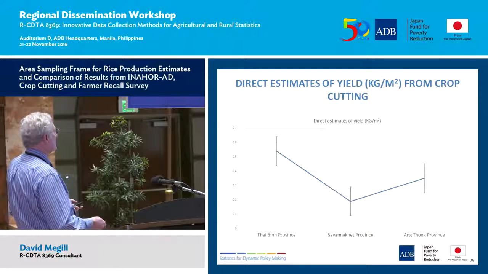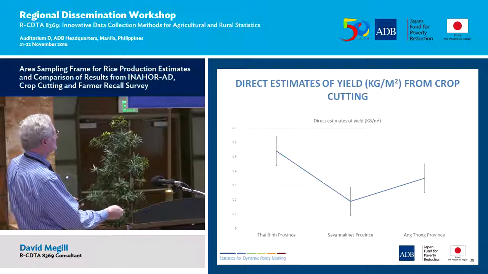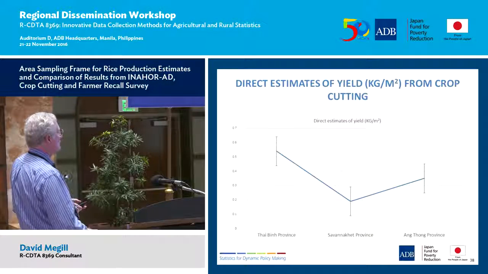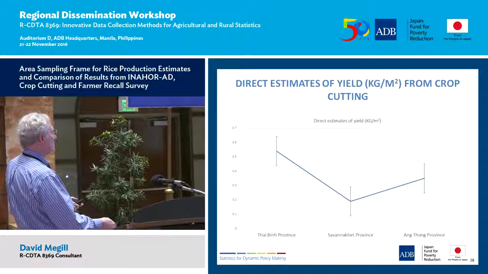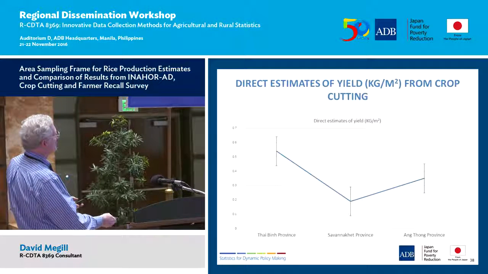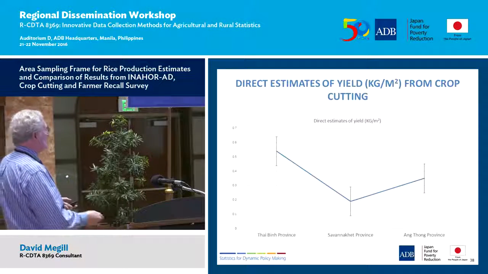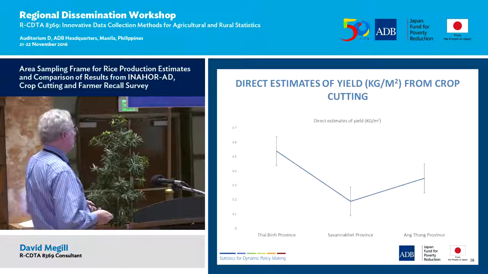And in the case of Tai Binh province, these are the estimates of yield in kg per square meter from the crop cutting. And this shows the confidence interval. So in this case, for example, we can see that the yield for Savannakhet and Anh Thong are not significantly different because the confidence intervals overlap a little bit. So we have to keep in mind always that these are samples and subject to sampling variability.